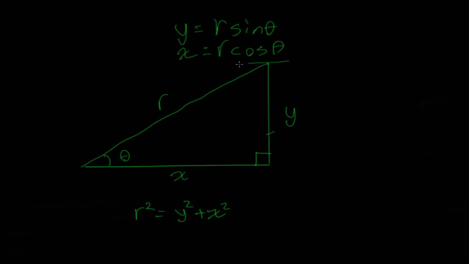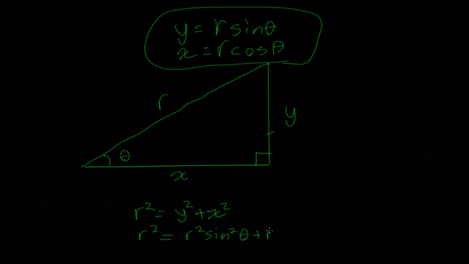Let's input these values instead of y equals sine theta and x equals cosine theta. So r squared is equal to r squared sine squared theta plus r squared cosine squared theta.